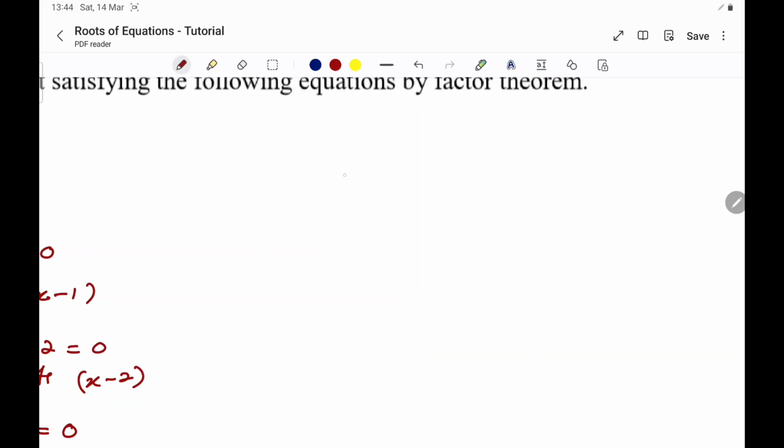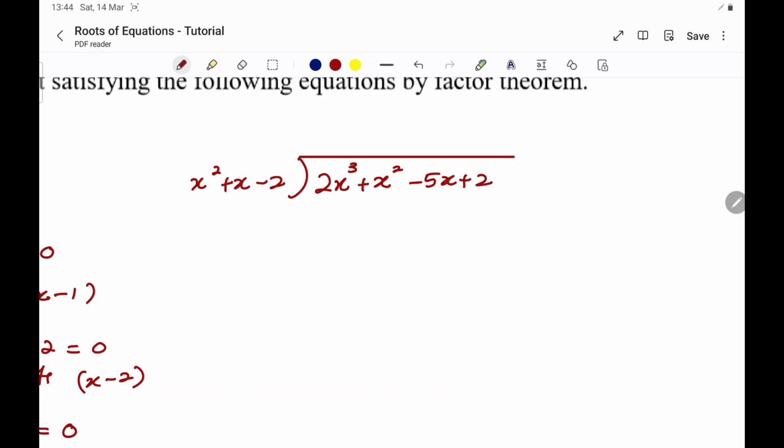Okay, so we have 2x cubed plus x squared minus 5x plus 2, divided by x squared plus x minus 2. Now we will proceed one by one. So what you have to do here is check the first term and the first term of the divisor that we have.